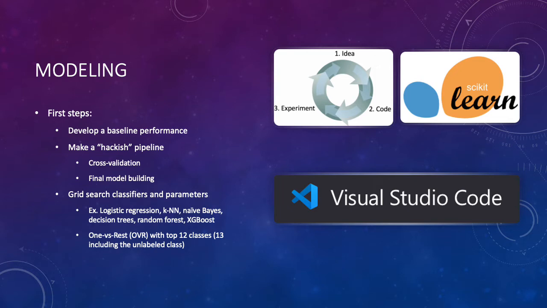Some important parts of that are Python libraries like scikit-learn, which are pre-made packages that have all the models done for us efficiently, and also Visual Studio Code, an IDE that allows us to run through multiple scripts really quickly. At first, I did a quick one-versus-rest methodology, and then later I tried multiple models like logistic regression and KNN, and did a hyperparameter search through all these different parameter spaces.